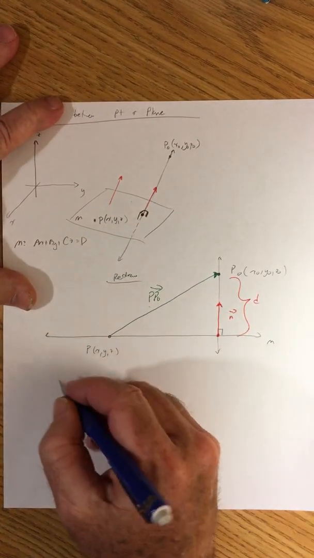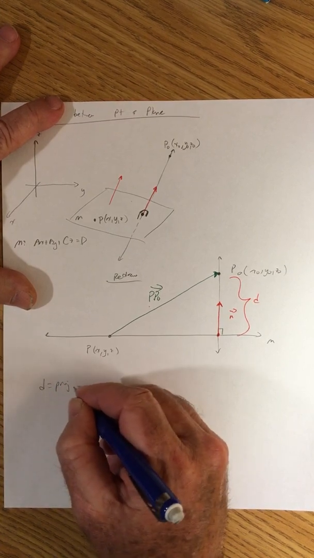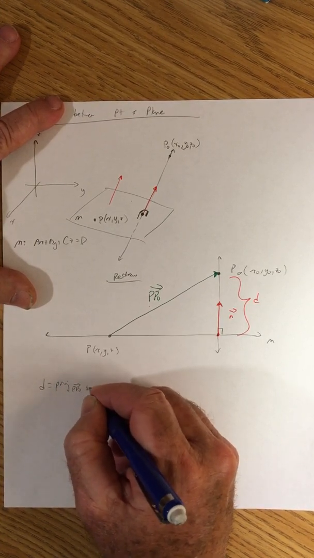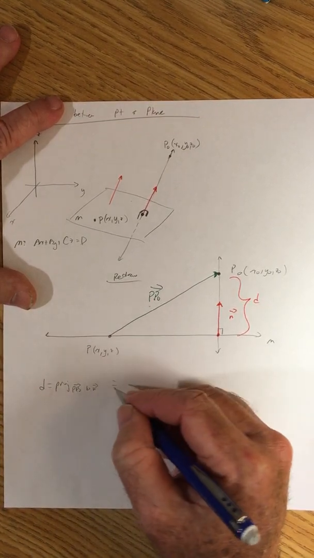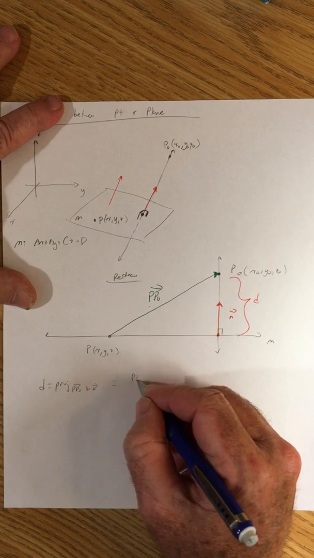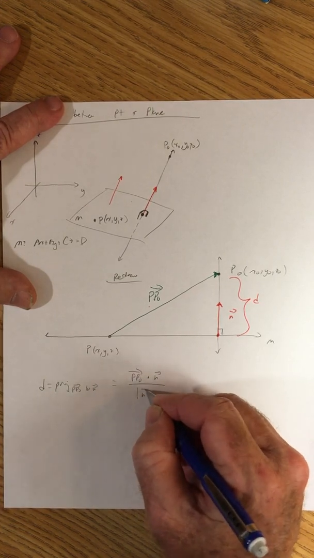So that distance, we had a little formula for this, and it's on the formula sheet. That's PP0 dot n over magnitude n.